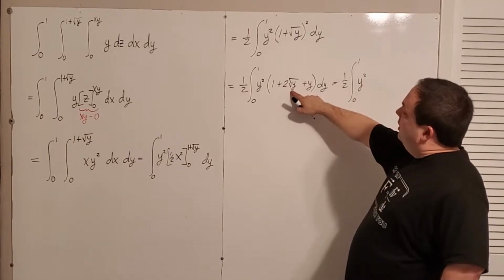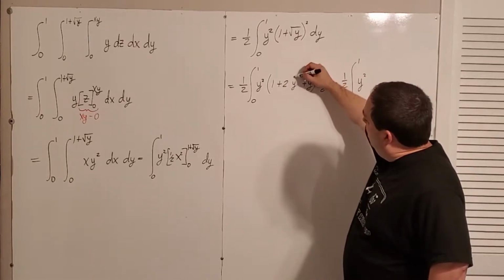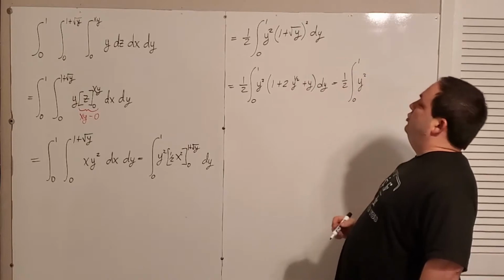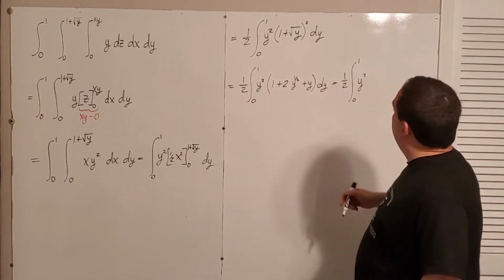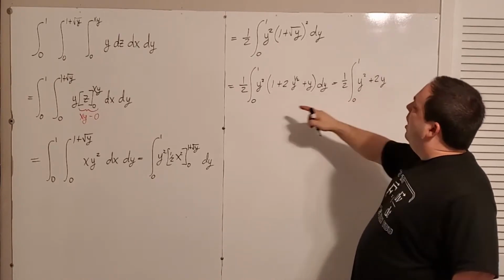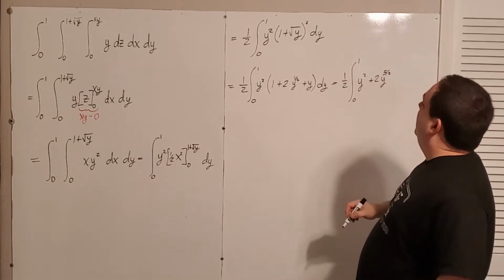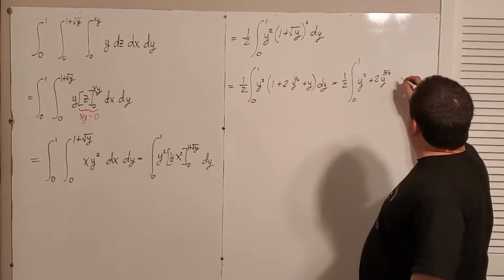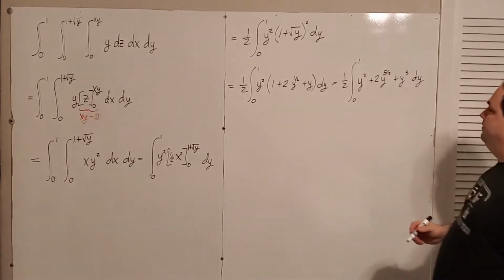And don't forget, square root is y to the 1/2. So let's go ahead and rewrite that. This is y to the 1/2 power, right? Okay, so that'll help when I'm multiplying here. Plus 2, and then that's going to be y to the 4/2 plus 1/2, 5/2. And then of course y squared times y is y cubed dy.